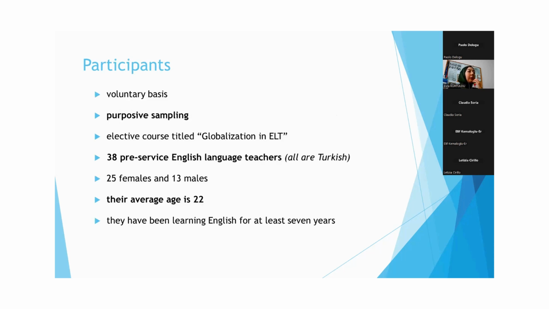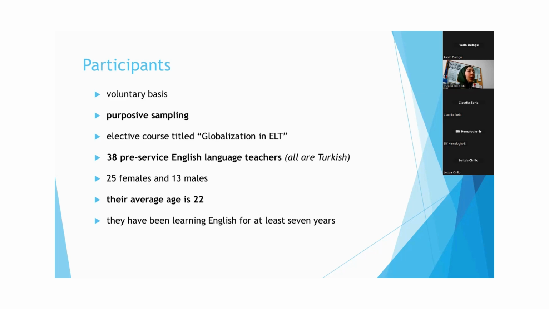About my participants, I used purposive sampling. I conducted this research in the elective course titled Globalization in ELT. So it was an ELT program, and I had 38 pre-service English language teachers, all Turkish, 25 females and 13 males.